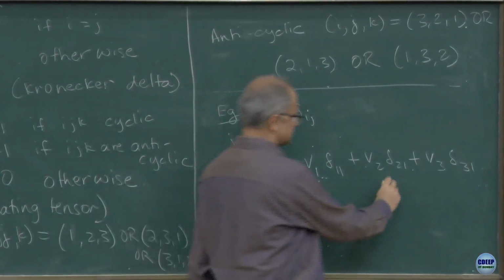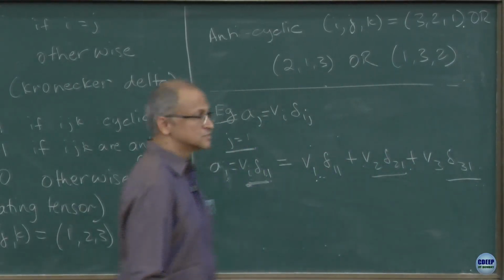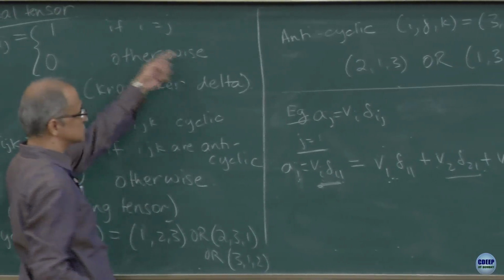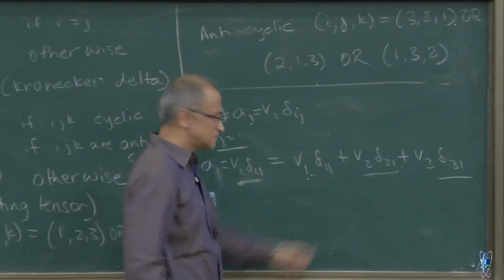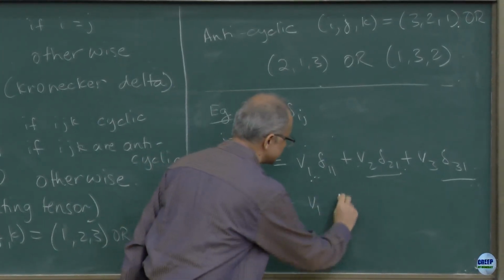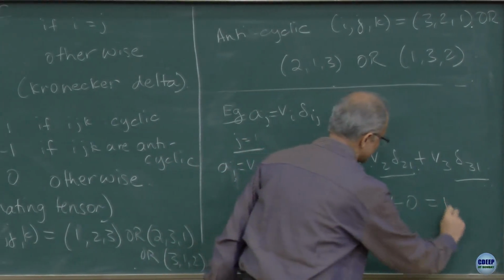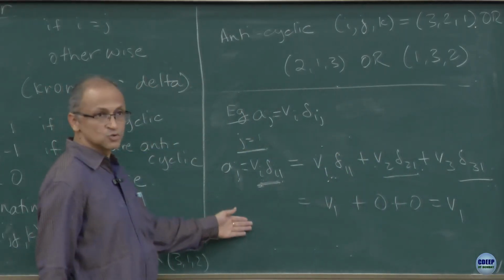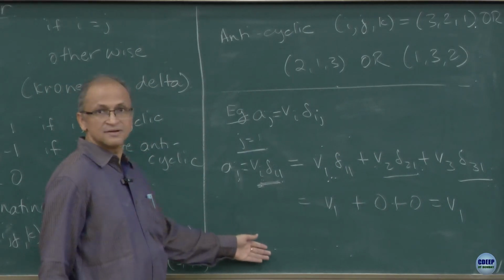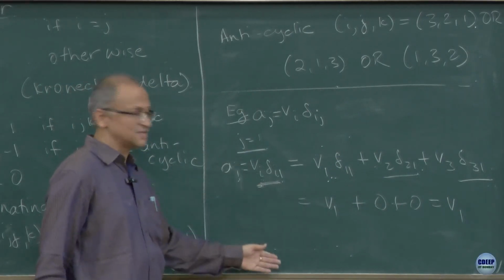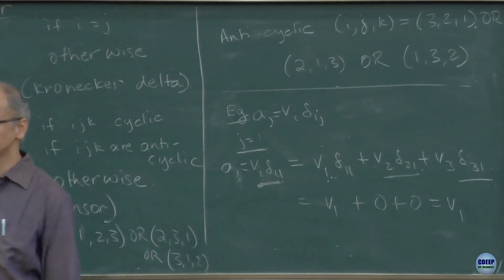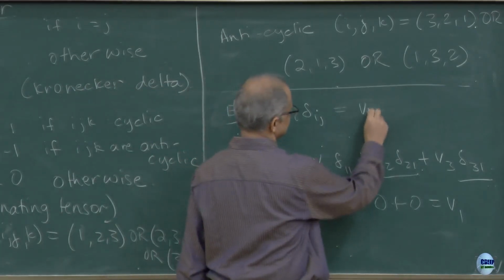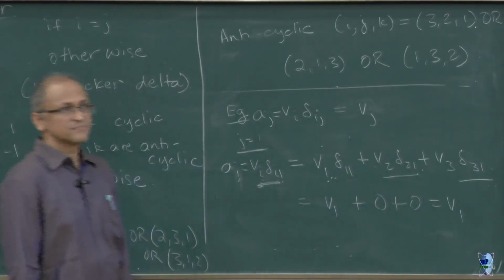And what are these quantities? They are 0, because of this condition here. It is only going to be 1 if i is equal to j, which is only the case in the first term. So this is only V1, plus zeros. Similarly, if I take j equal to 2, what will I pick up? V2. If I take j equal to 3, what will I pick up? V3. So what will I say? This quantity is equal to Vj, right?